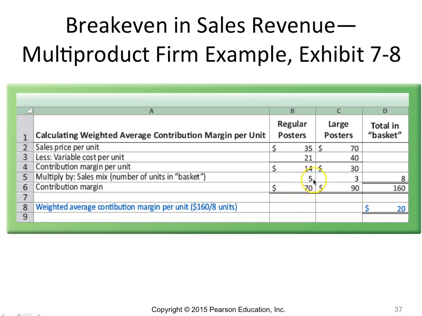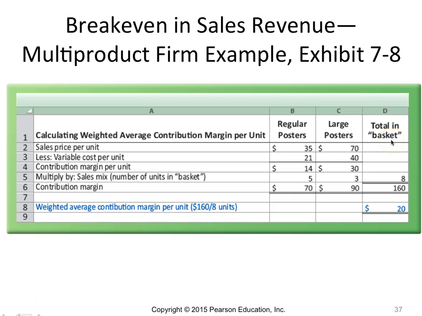And then you're going to have the sales mix. Per unit, okay, sales mix here. The number of units is a basket, so 5 and 3. If it's a basket, it'll be 5 regular ones and 3 other ones, and you're going to have a contribution margin for each one, and they can have a total.